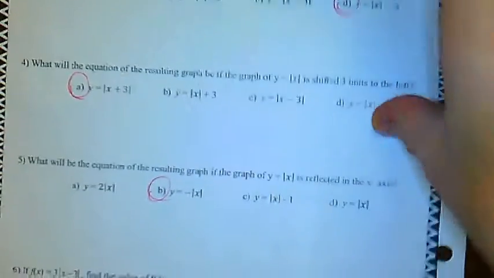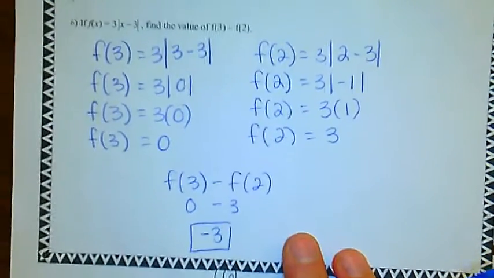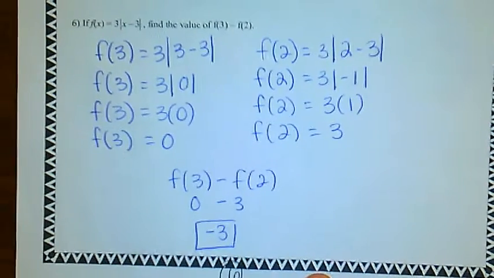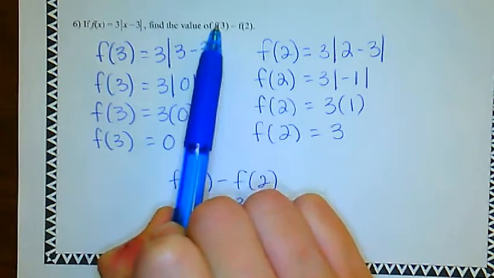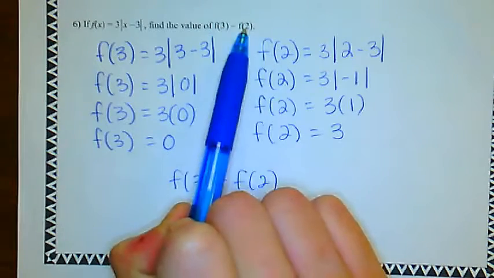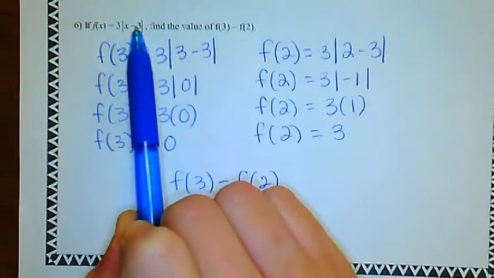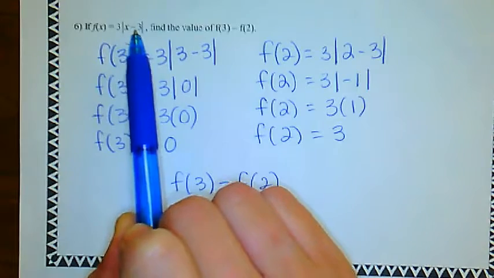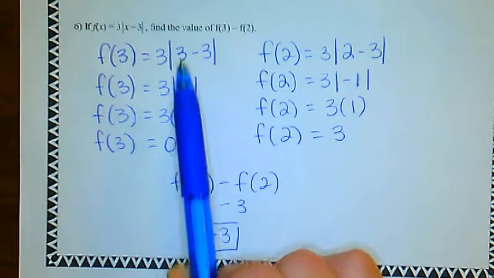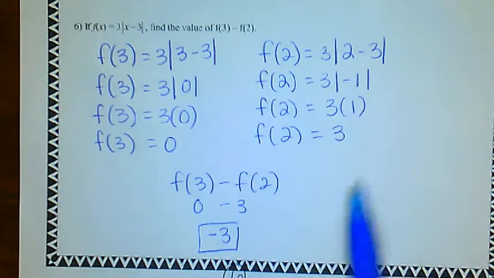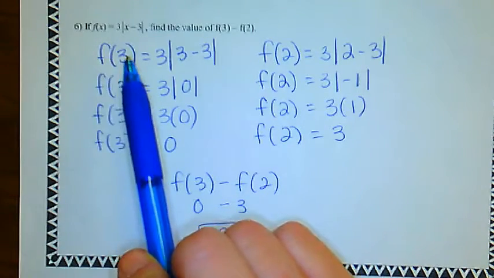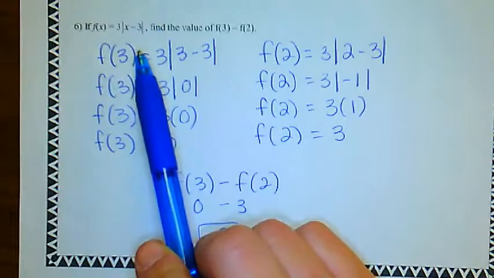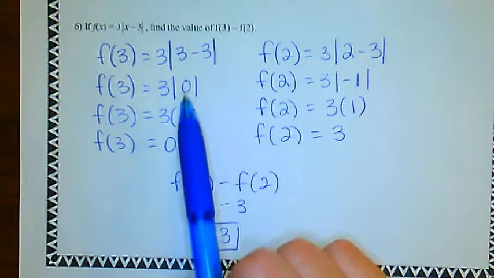And lastly, I gave you an absolute value question using algebra. All this is asking is basically to evaluate f of 3 and f of 2 for the function 3 times the absolute value of x minus 3. So what I've done here is I've done all the steps so you can see. Remember notation, f of 3, we substitute a 3 everywhere we see an x, and then we evaluate.